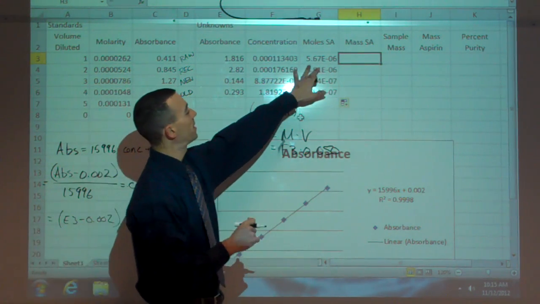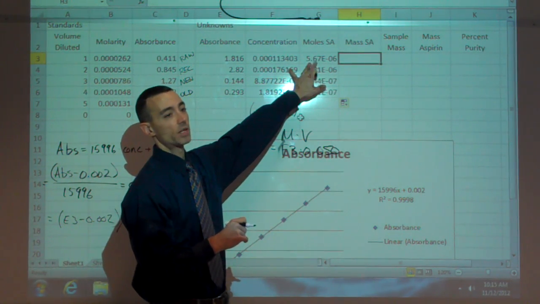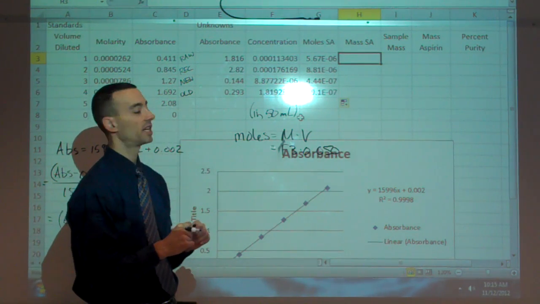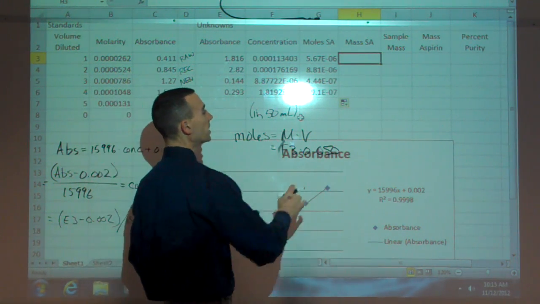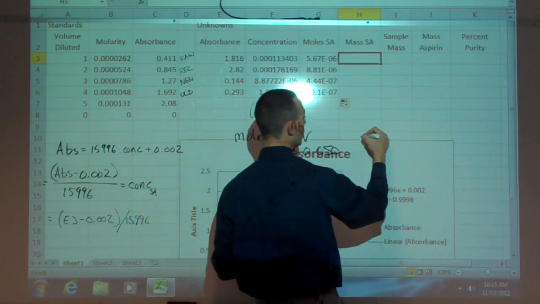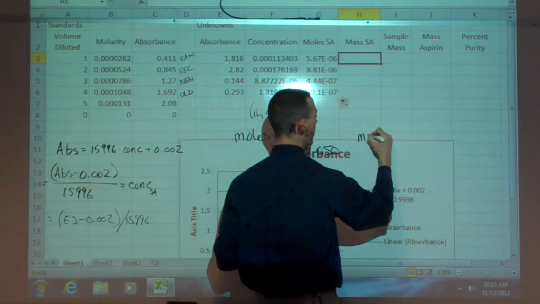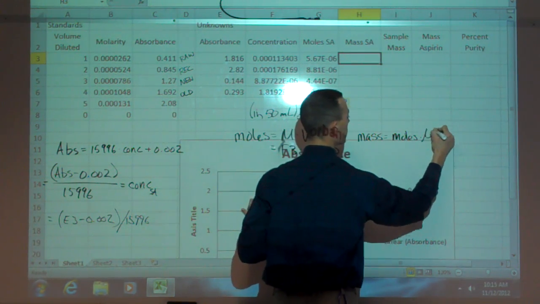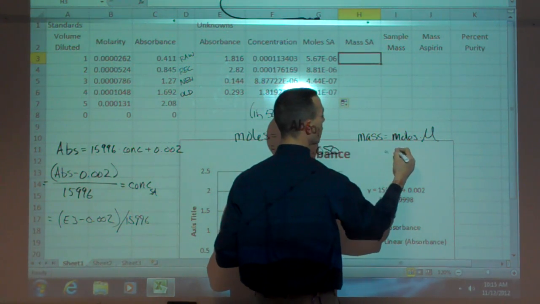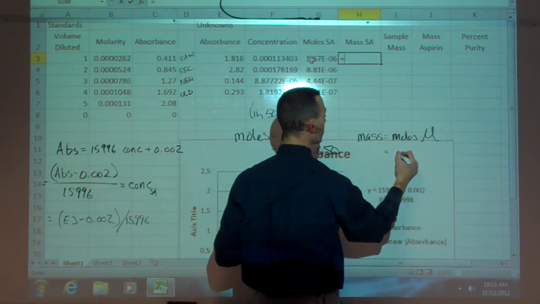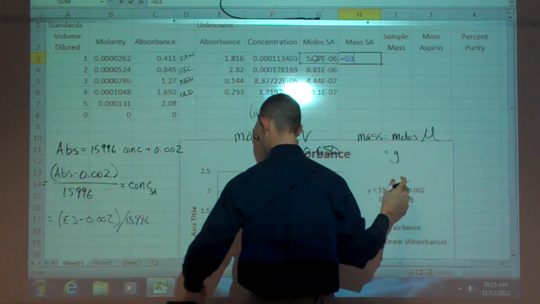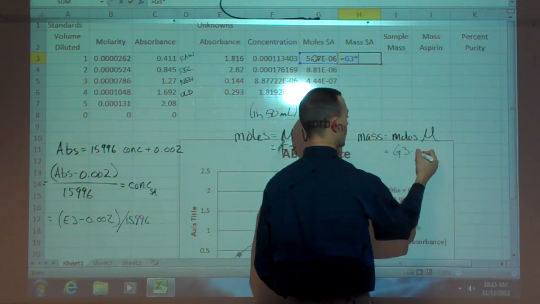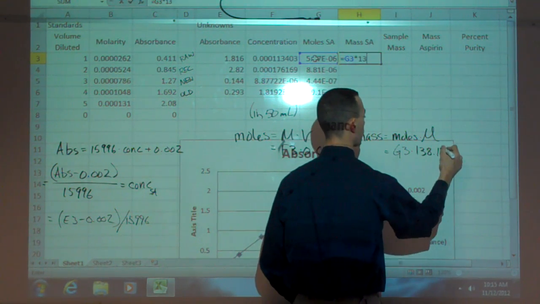So this tells me how many moles of salicylic acid were still in my raw sample of aspirin that we generated. To get the mass then, well, we're just doing stoichiometry. Mass is always moles times the molar mass. So our moles are now in column G, so G3 times the 138.12.